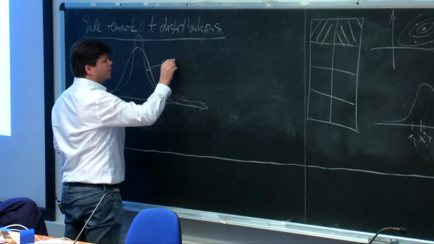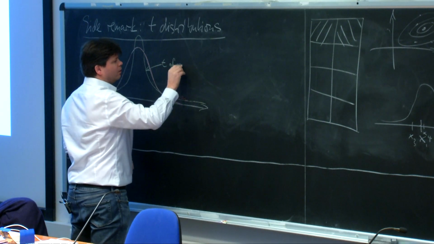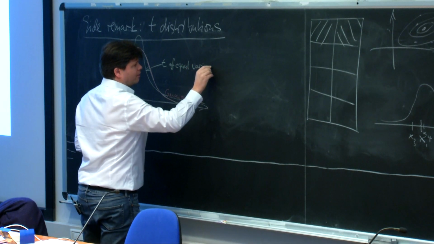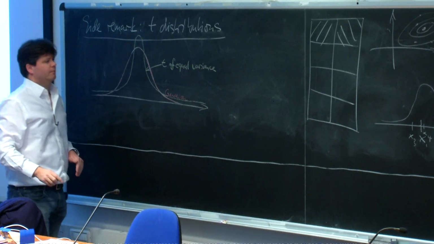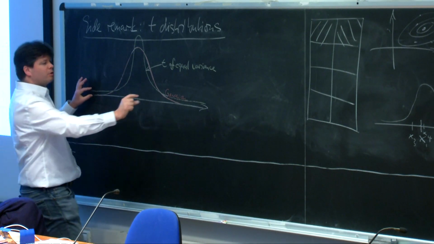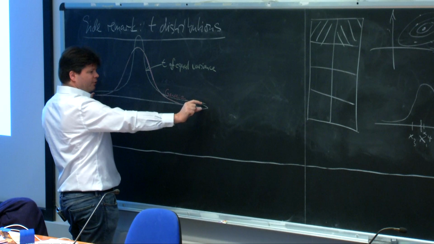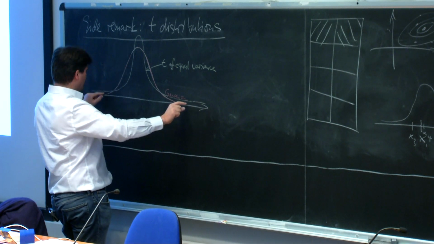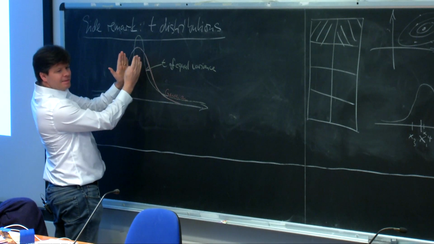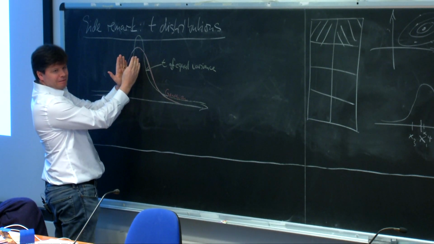T of equal variance. And of course, to compensate for the variance you get out here in the t, you have to have a slimmer peak in the middle.